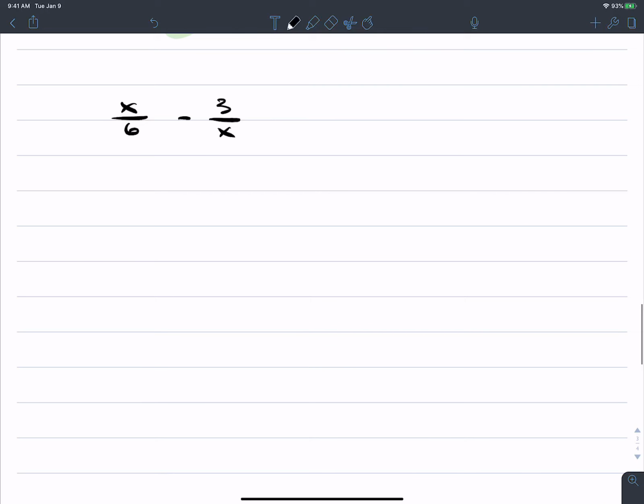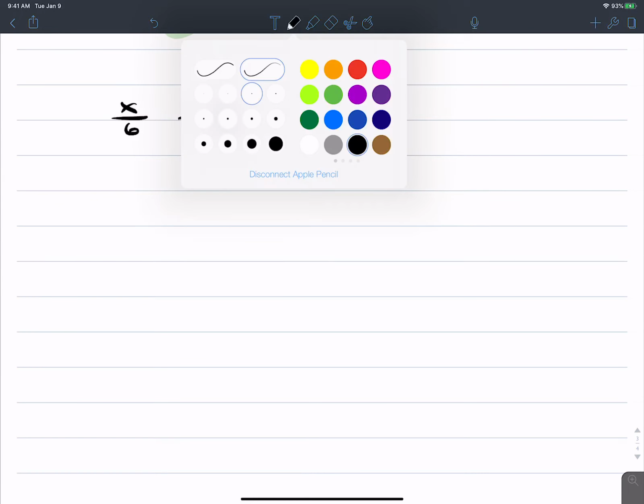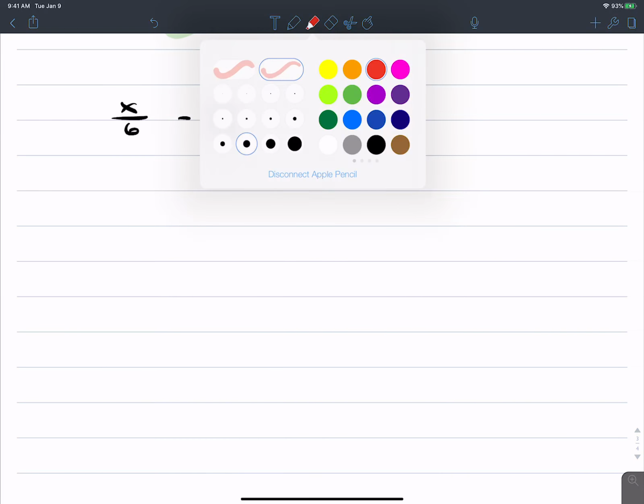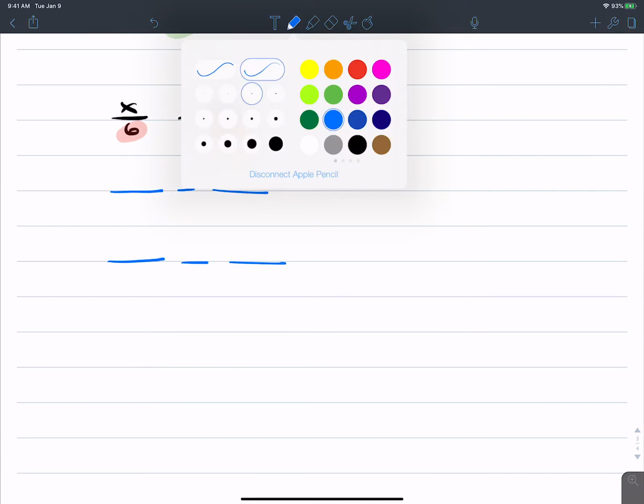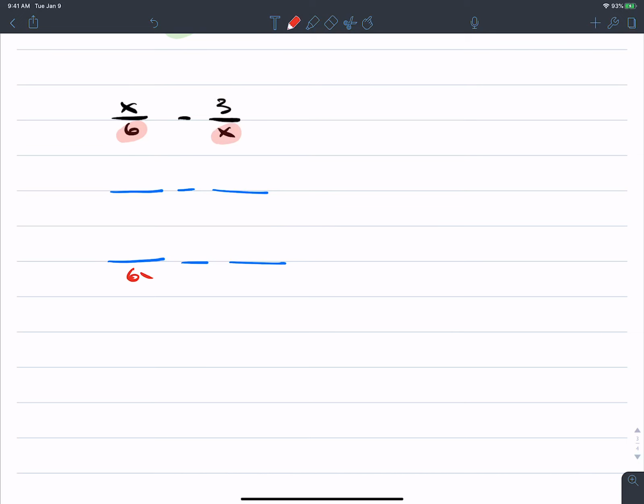If this was a beginning algebra course, versus a review, you need the LCM of the denominators, 6 and x, and the LCM here will be 6x. So if we do our setup, we put the LCM down here and put that 6x.